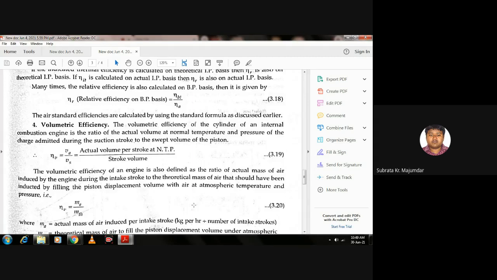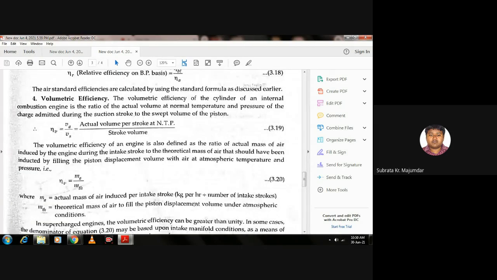The volumetric efficiency of an engine is also defined as the ratio of the actual mass of air induced by the engine during the intake stroke to the theoretical mass of air that should have been inducted by filling the piston displacement volume with air at atmospheric temperature and pressure.